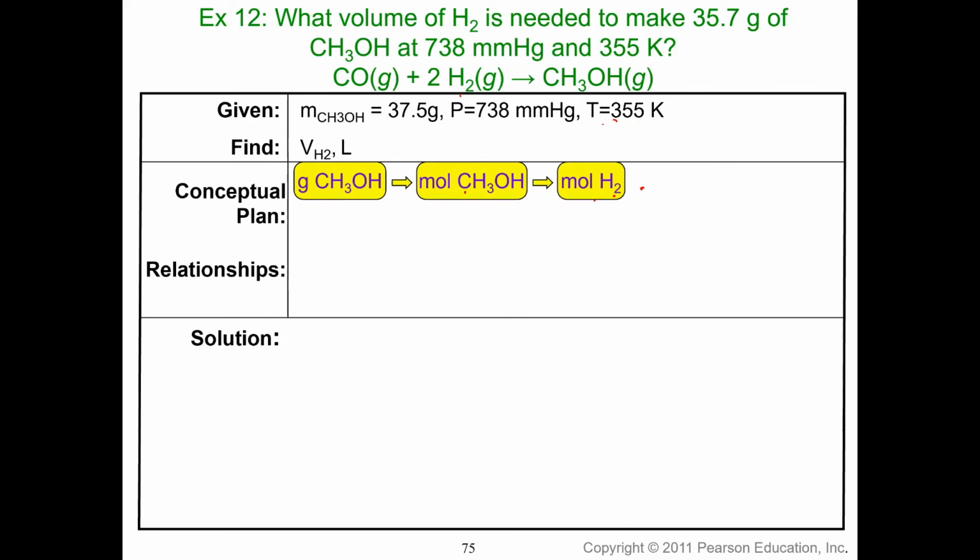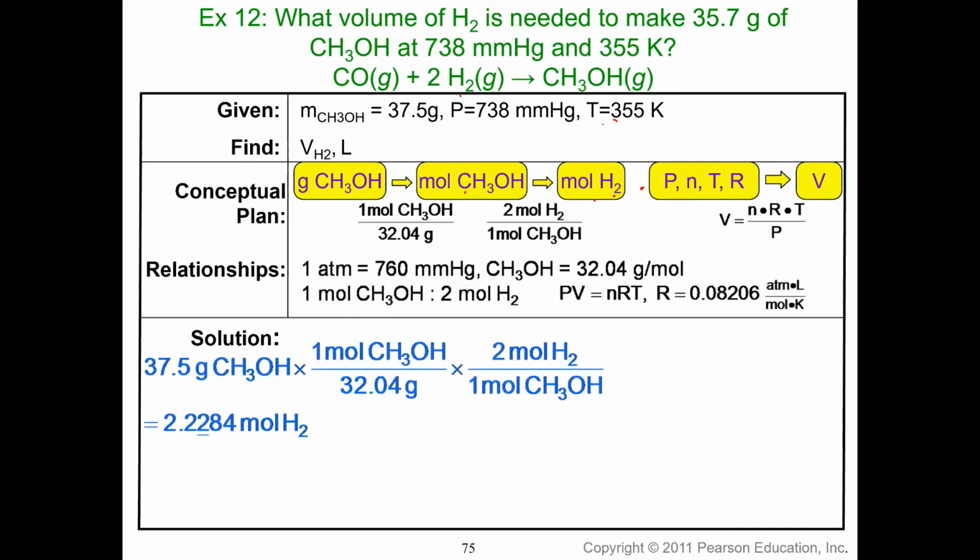You go grams to moles using the molar mass, right? Moles to moles using the molar ratio. Then you use the ideal gas law to find the volume. You see how we're going from grams to moles of hydrogen. That is stoichiometry. That's something you should have learned earlier.